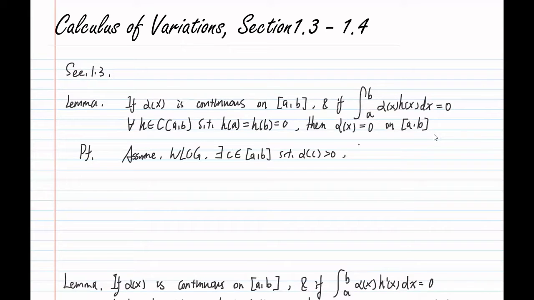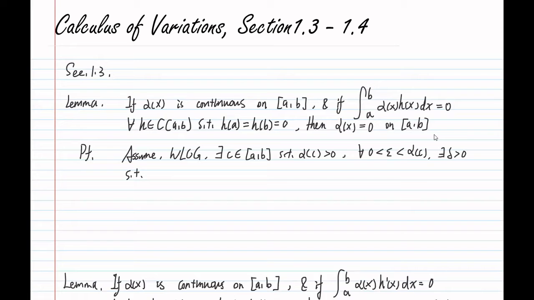That means for any epsilon with 0 less than epsilon less than alpha(c), there exists a delta greater than 0 such that I can bound alpha from below on an interval.